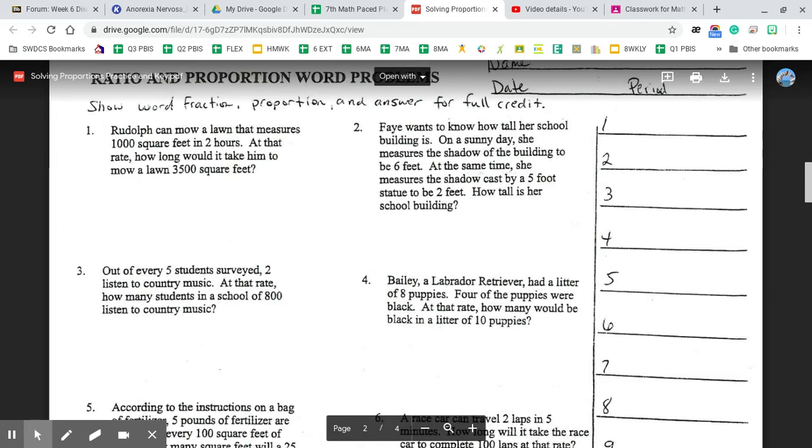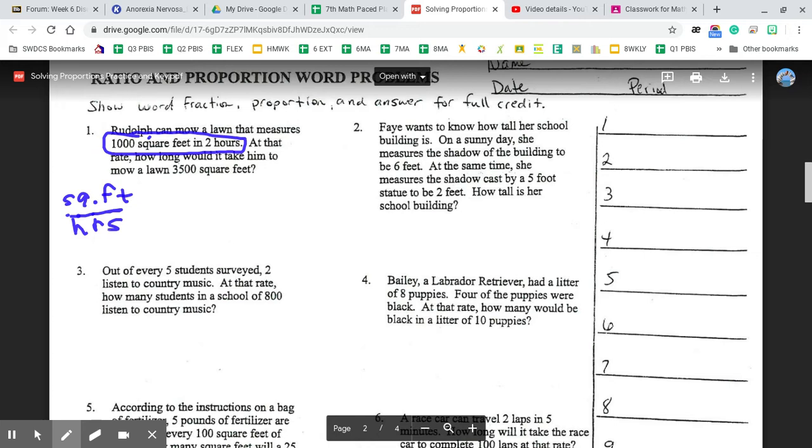Okay, here we go. If you recall, the first thing we need to do is write our word fraction. So Rudolph, for number one: Rudolph can mow a lawn that measures 1,000 square feet in 2 hours. So we have square feet over hours.